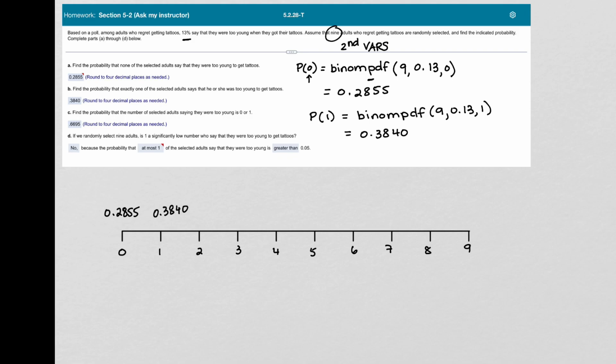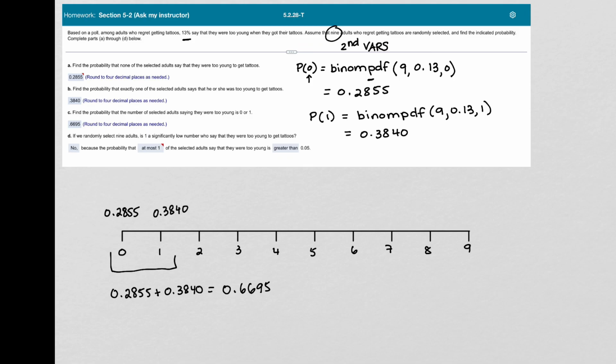So now in part C, it asks for the probability that the number of selected adults is 0 or 1. So that's going to be these two added together. And that gives me 0.6695.